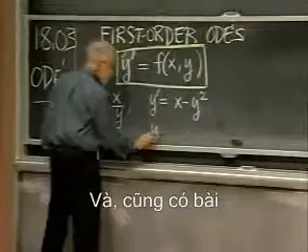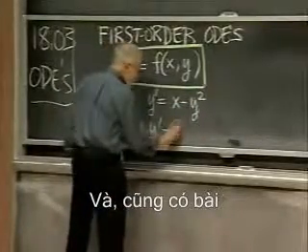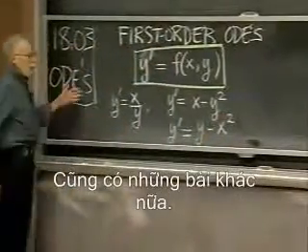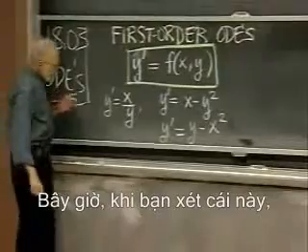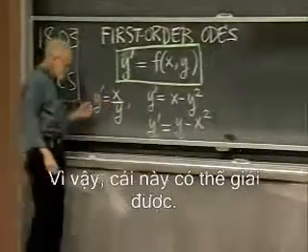And it also has y prime equals y minus x squared. There are others too. Now, when you look at this, of course, you can solve by separating variables. So this is solvable.